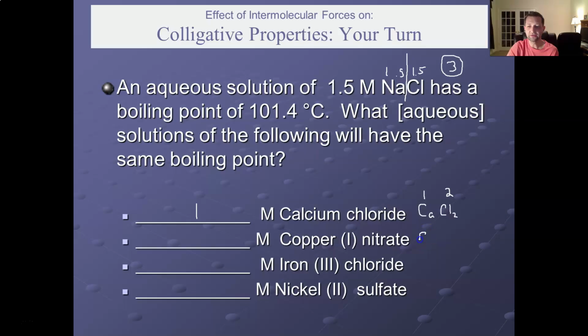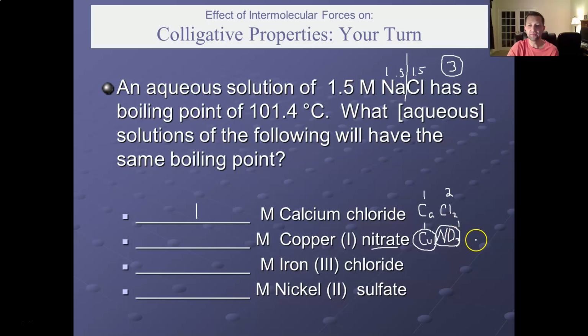Next one, copper 1 nitrate. Copper 1 nitrate is CuNO3. Now be careful here, because nitrate is an ion. This stays together, right? So the nitrate, NO3-1, is a charged molecule floating around in solution, and the Cu+1 is also just 1 dissolved particle, okay? So how many dissolved particles do we have here? We have 1 dissolved particle with copper, 1 dissolved particle with nitrate.